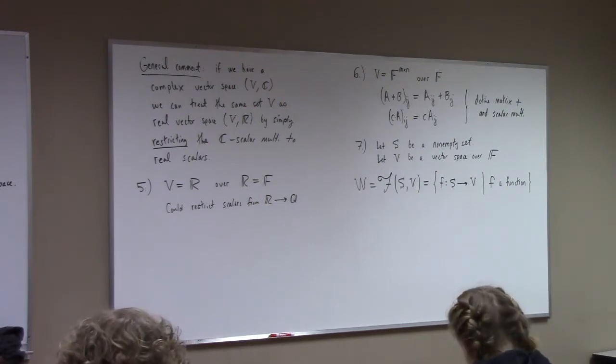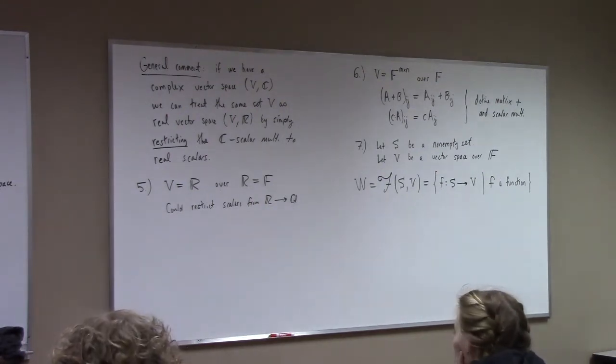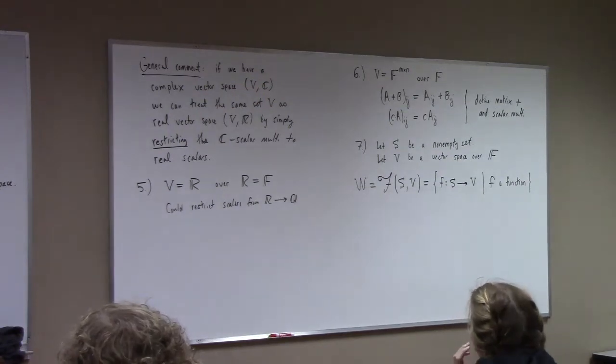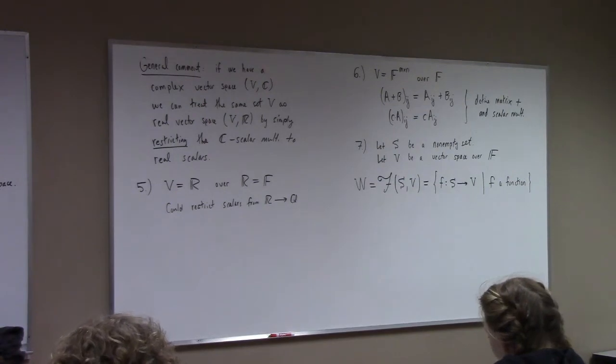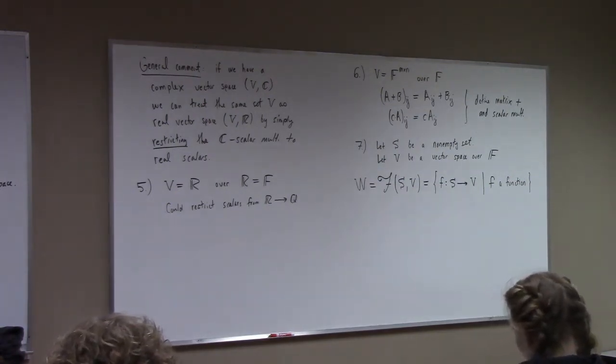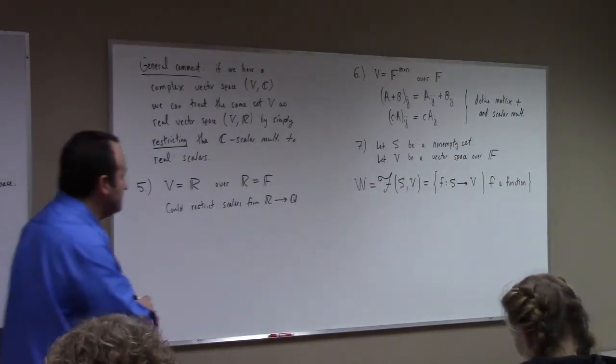That vector space could be any of the previous examples, or ones we haven't talked about yet, all right? This forms a vector space. What's the vector addition and scalar multiplication here?